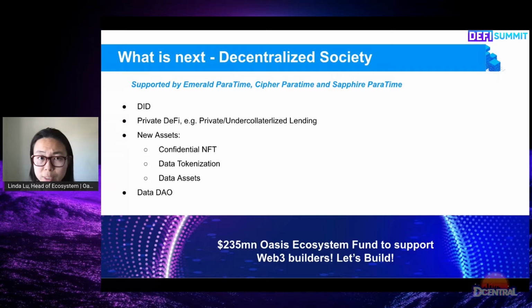And also, as part of what we believe is a pillar for decentralized society, there need to be data DAOs, DAOs governed in a way where data providers really own their data, and they get to dictate how their data can be used, computed and shared with other parties, to ensure they are invited, they are part of the value chain, and to serve a better internet and a more responsible data economy, because that was not necessarily being served in the current Web2 space.